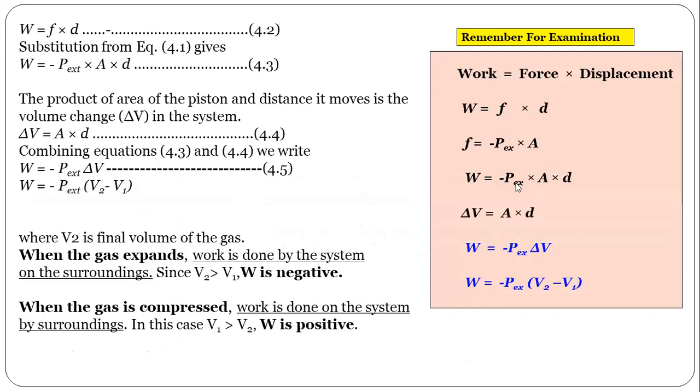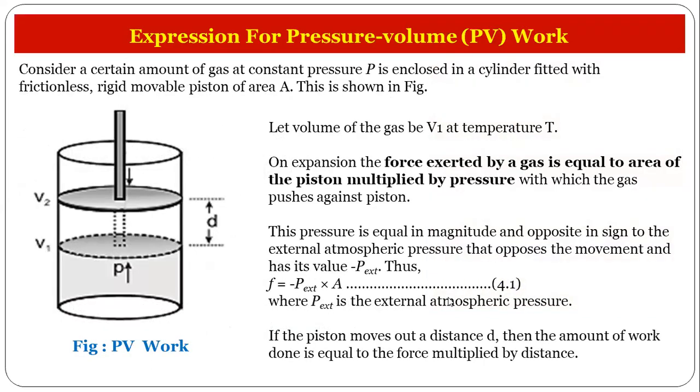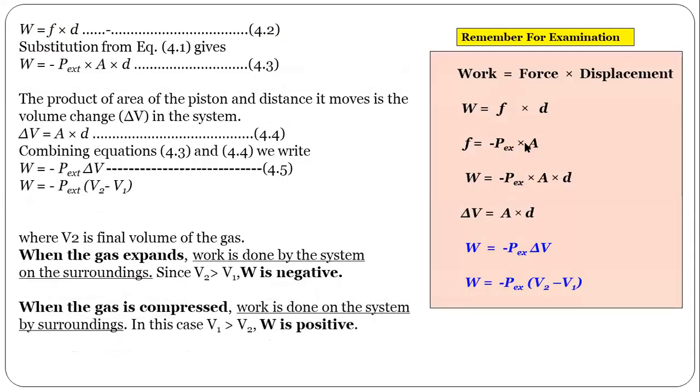So W is equal to P external into A into d, but A into d is a change in volume, delta V. So it is a very easy derivation, but some students feel it is difficult to understand, it is very easy. Remember these steps, then we will get 2 out of 2 marks.